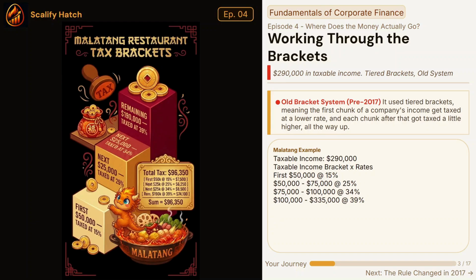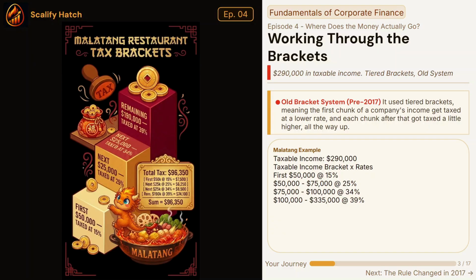The next $25,000, from $50,000 to $75,000, is taxed at 25%. Similarly, the next $25,000, from $75,000 to $100,000, is taxed at 34%. And everything from $100,000 to $335,000 was taxed at 39%. In our restaurant's case, that is only $190,000.